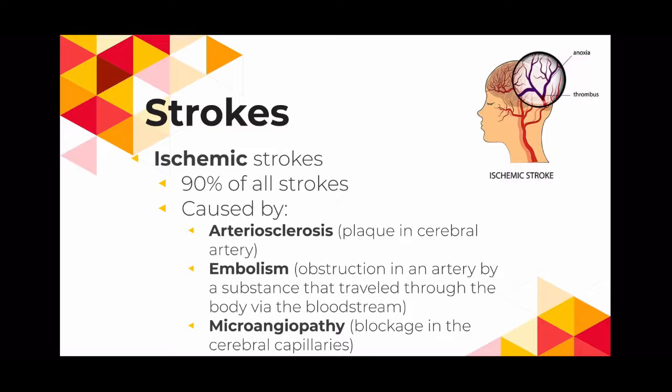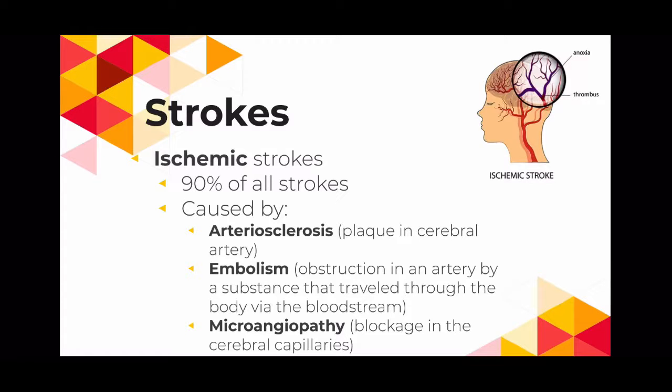This is where there is a buildup of plaque in a cerebral artery, and cerebral is not one of your words, but know that that means brain. So this means that there is a buildup of plaque in an artery of the brain. This can obviously then block the blood supply, depriving the brain of oxygen and thus causing a stroke.